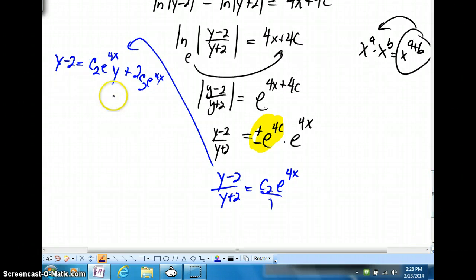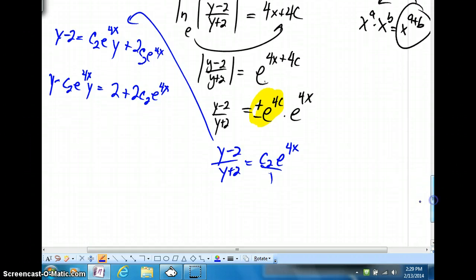And then how about we bring over the term with a y to the left. Simultaneously, we add a 2. And how about we also factor out a 2? You might wonder why I didn't go back to calling it a brand new constant.